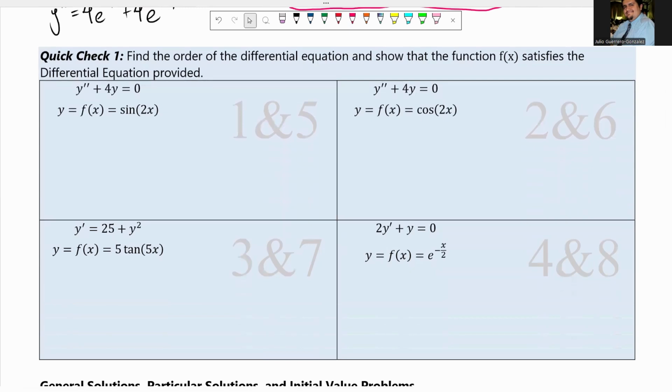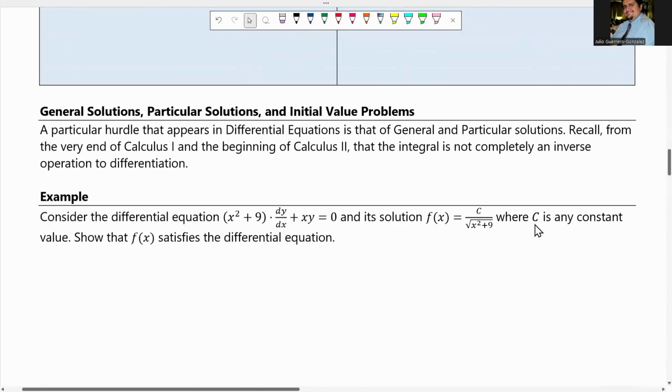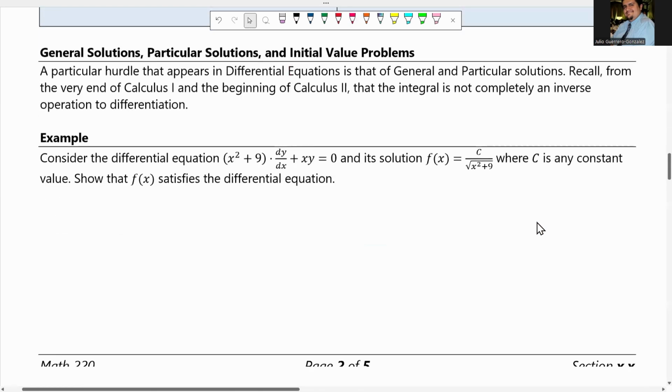Like I said, I will provide everybody with some time to do these in class, so don't fret if these don't make any sense for now. I want to move on to general solutions, particular solutions, and initial value problems.